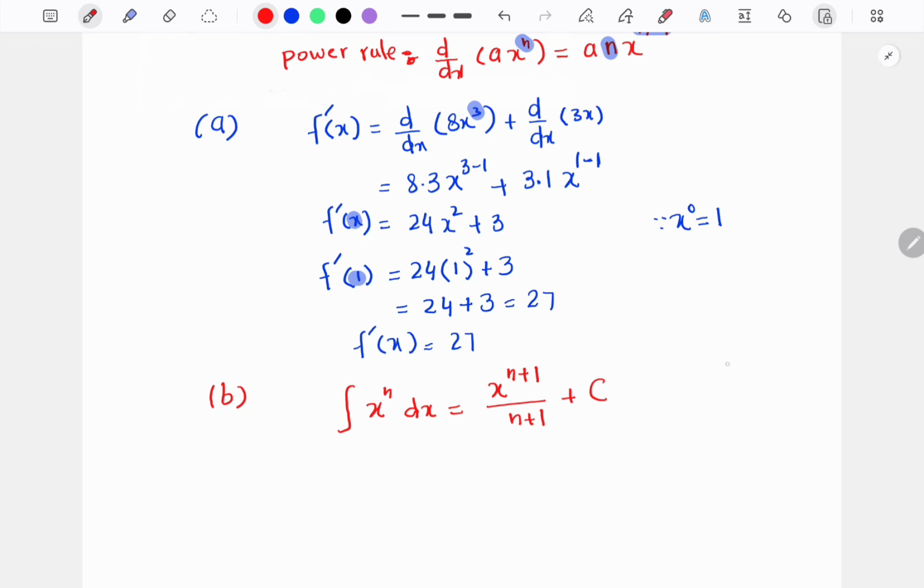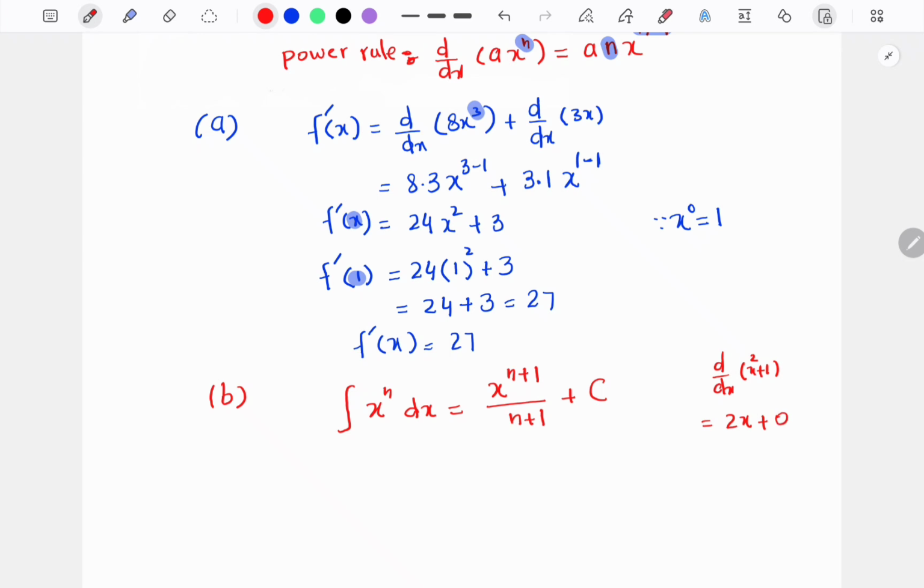Whenever we differentiate a function, suppose we have y equals x squared plus 1, the x squared's derivative will be 2x, and the derivative of a constant or number is always 0.